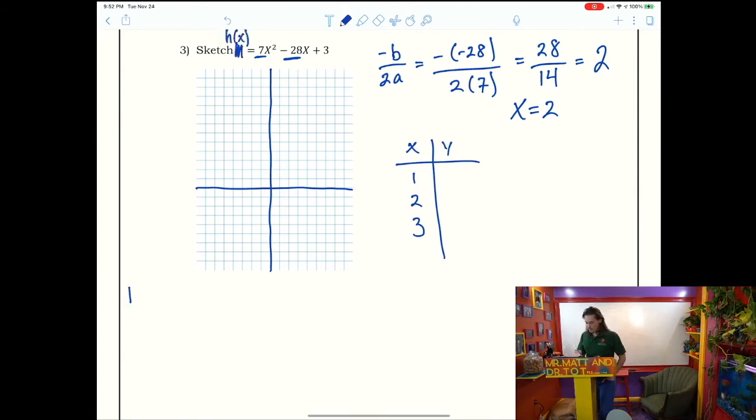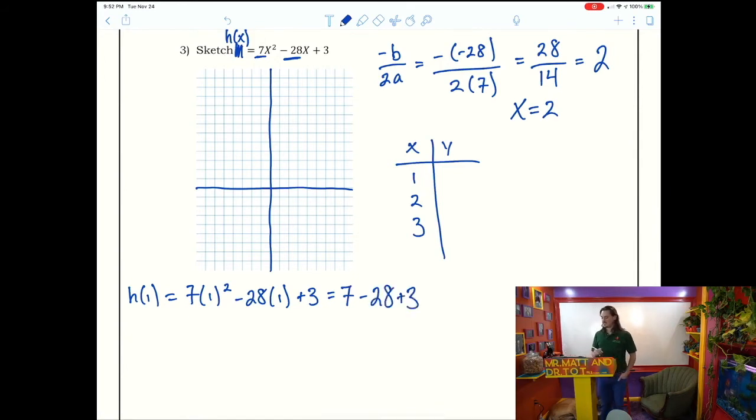So h of 1 would be equal to 7 times 1 squared minus 28 times 1 plus 3. 1 squared is 1. 1 times 7 is 7. Negative 28 times 1 is negative 28. And then we have plus 3, so that's going to be 10 minus 28. That's negative 18.